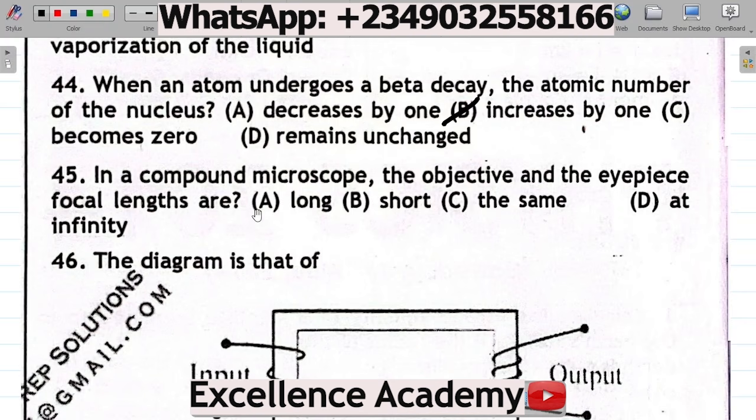For this question, note that in a compound microscope, the objective lens has a very short focal length, and the eyepiece lens also has a very short focal length. So therefore, the focal lengths of the objective lens and the eyepiece lens are both short. So for this question, the correct answer is short. All right, that's the correct answer.